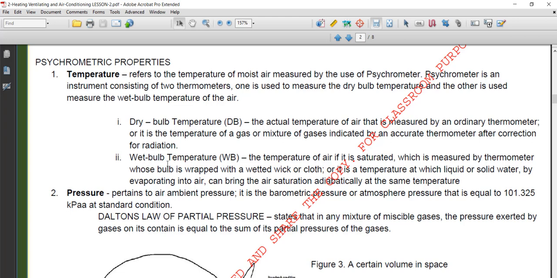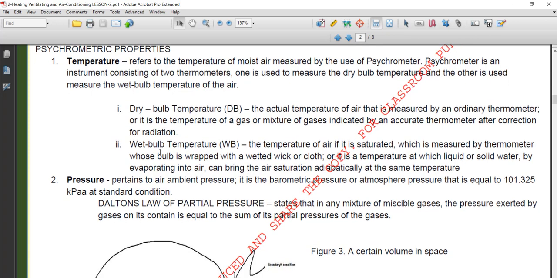The wet bulb temperature is the temperature of air if it is saturated, measured by a thermometer whose bulb is wrapped with a wetted wick or cloth. It is the temperature at which liquid or solid water, by evaporating into air, can bring the air to saturation adiabatically at the same temperature.